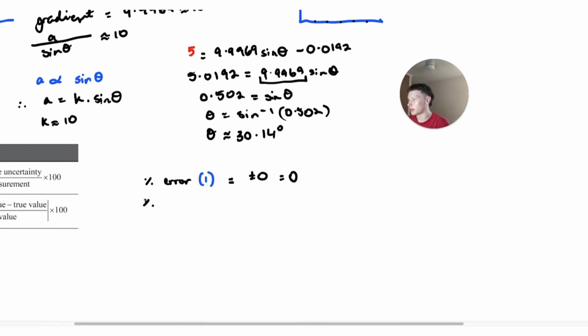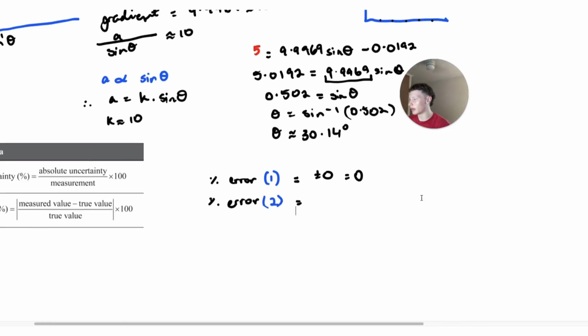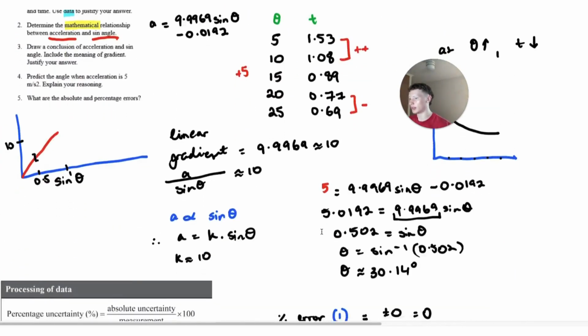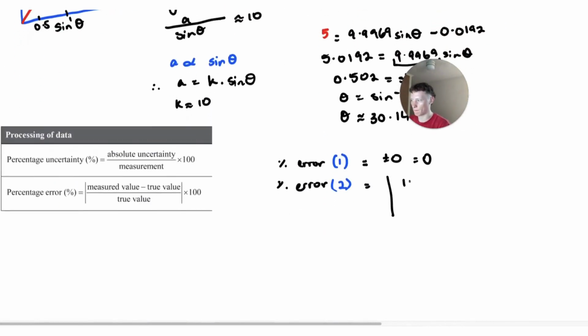Percentage error for the second one. We're going to actually have a value here. And this means absolute value, so if it's a negative, we just take the positive. So measured value was 1.71. Then our true value is 1.70.